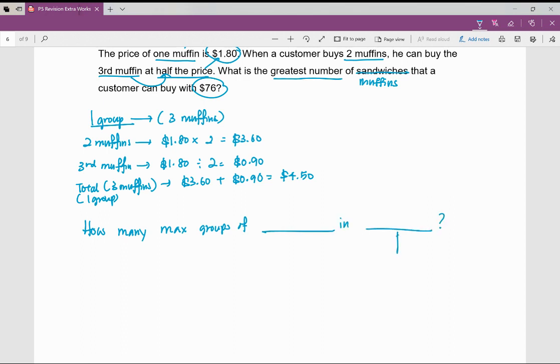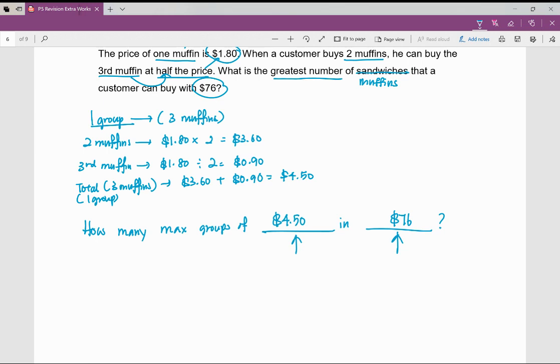Let's read the one in the back first. Since they gave you $76 to work with, I'm going to put in the $76, which is from the question. Then this front one must also be money. The money in one group, which is your $4.50. I will try to maximize these groups of $4.50 so that I can get groups of 3 muffins.